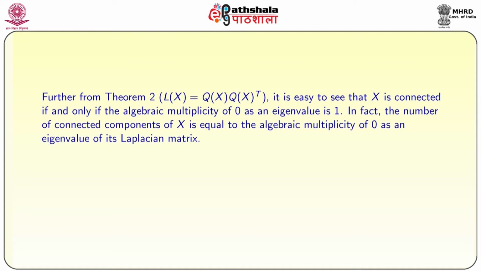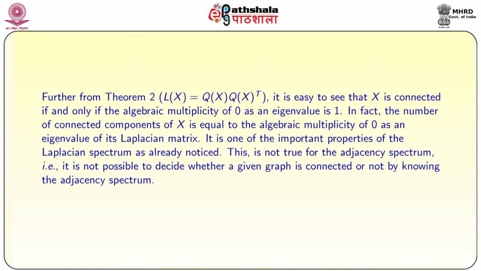In fact, the number of connected components of X is equal to the algebraic multiplicity of 0 as an eigenvalue of its Laplacian matrix. This is one of the powerful results. So, in order to know the number of components of a graph, it is better to find the algebraic multiplicity of 0 as an eigenvalue of the Laplacian matrix. This is not true for the adjacency matrix.